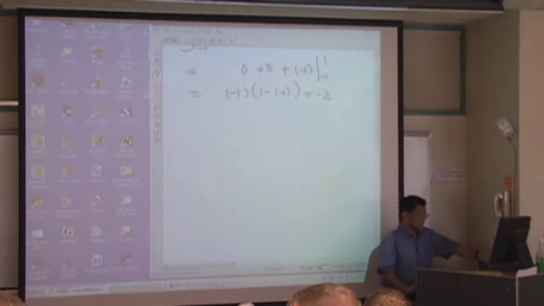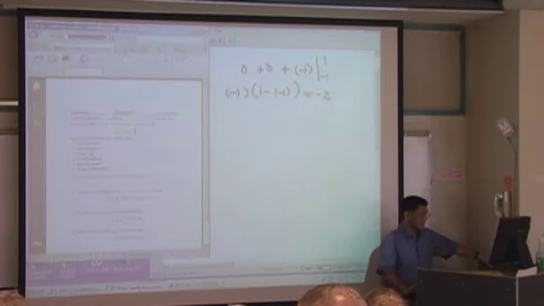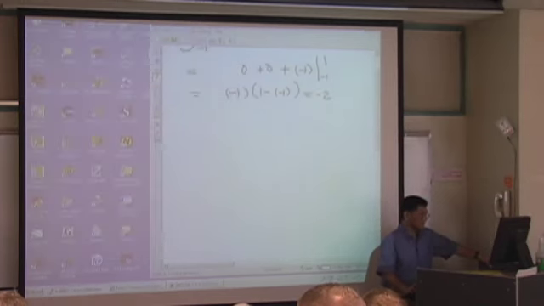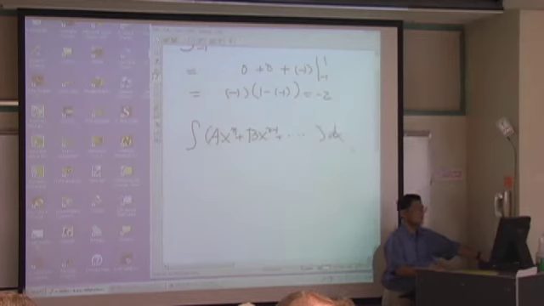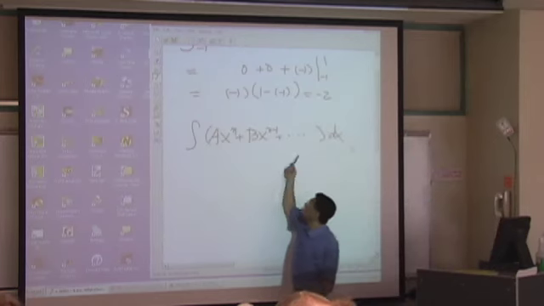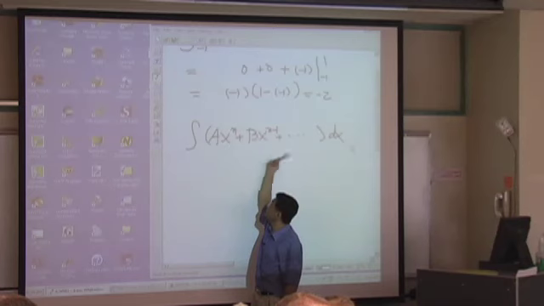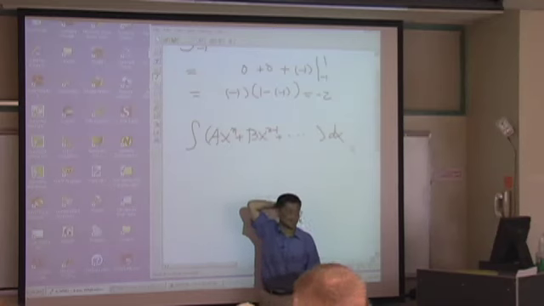The other things are very similar. In fact, we can do these things for a general order function, right? By using any general order function, we can derive the formula.